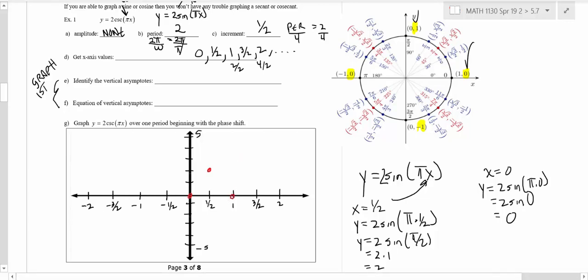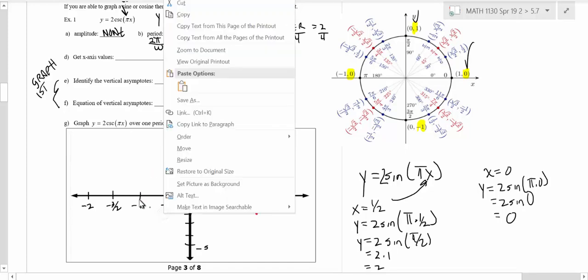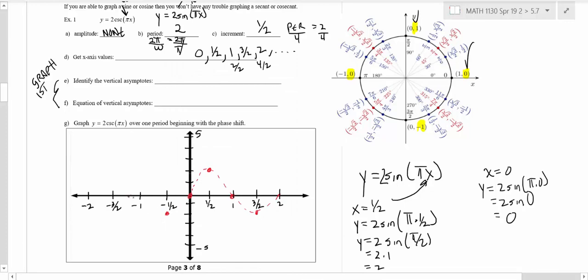So just go ahead and put the rest of the points in, like this, and then kind of go backwards with this. That would be like one period of the 2 sine pi x. And then the same thing here, just put the rest of your points in following the cycle. And then that will give us the sine wave. So that's how you want to start the problem, is just get the sine wave, okay?